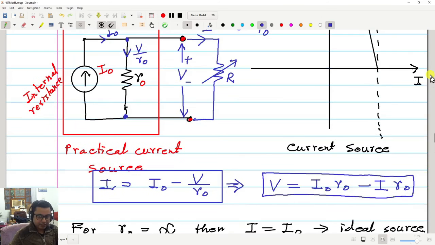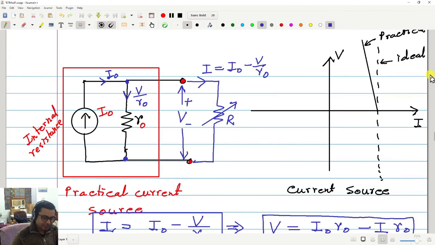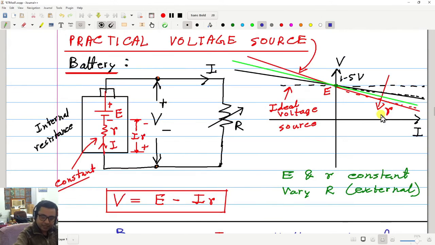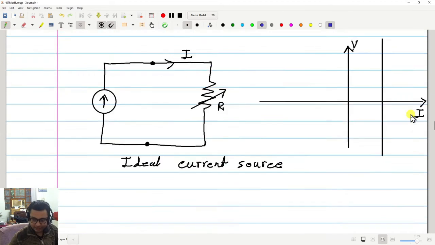Now, you saw that the graph of a practical current source is a slanted line, an oblique line, not vertical. And for a practical voltage source, this is also an oblique line.